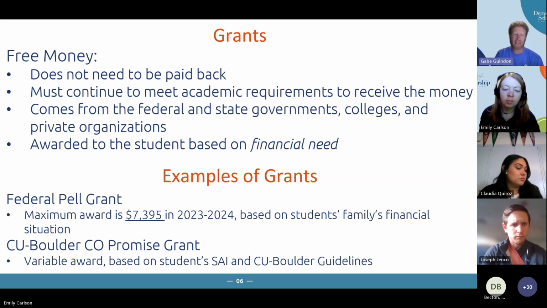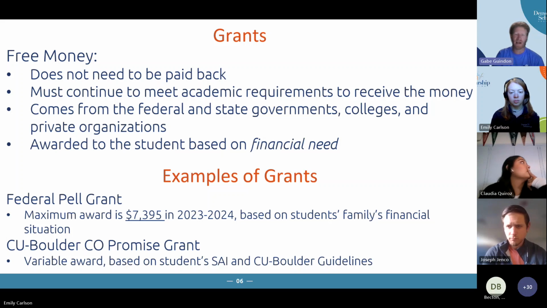And if you compare that maximum award, if you have a student that is eligible for the max federal Pell Grant, if you think back to the examples of cost of attendance, you're already looking at very affordable college experiences for a student that is max Pell Grant eligible.